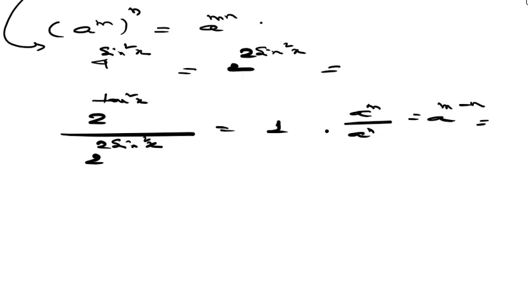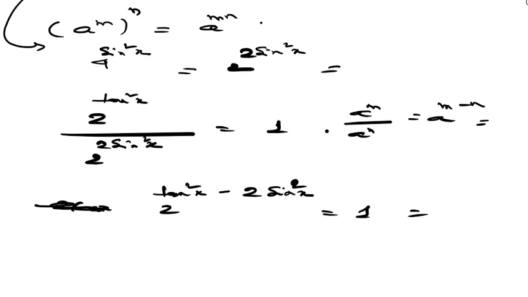So we get what? 2^(tan²x − 2 sin²x) is equal to what? 1. Now remember an important concept: if a^k is equal to 1, then k is equal to 0.